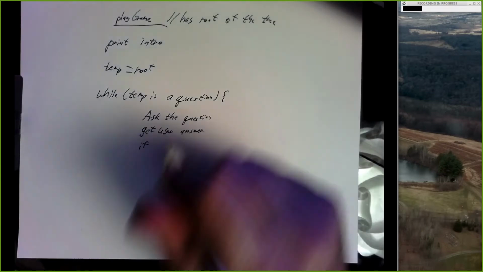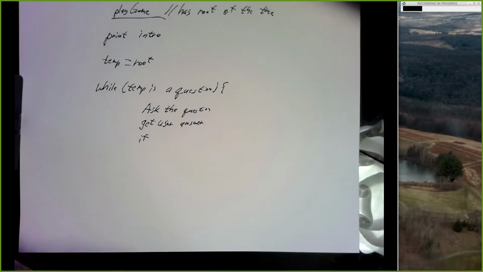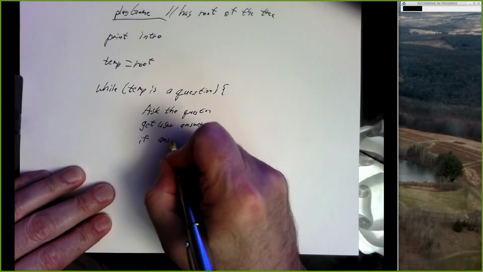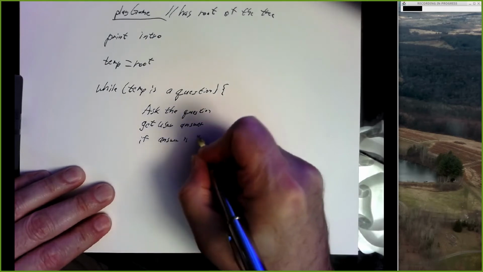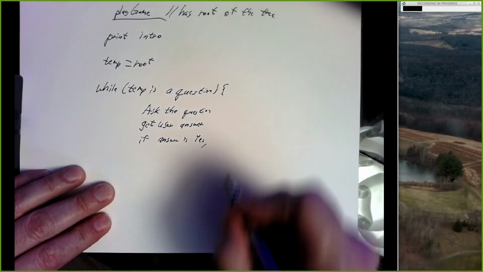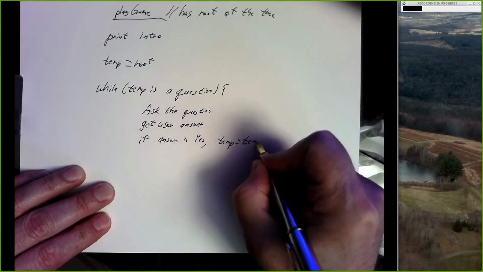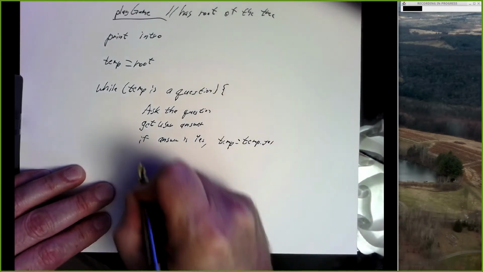Okay. So ask the question that's in the node, get the answer from the user. If the answer is yes, then set temp equal to its yes child.